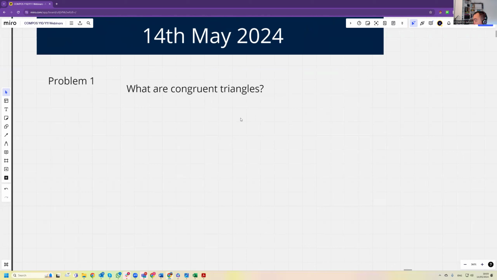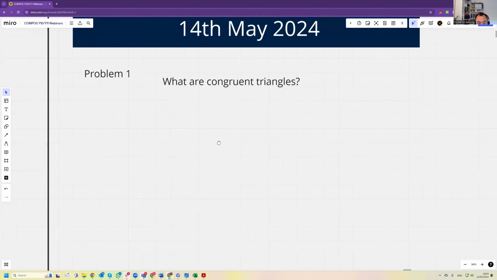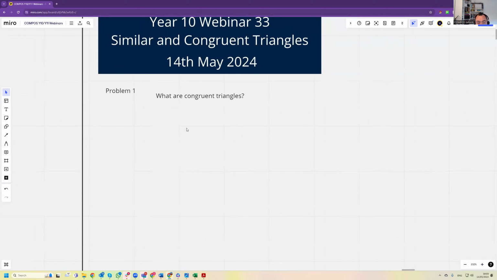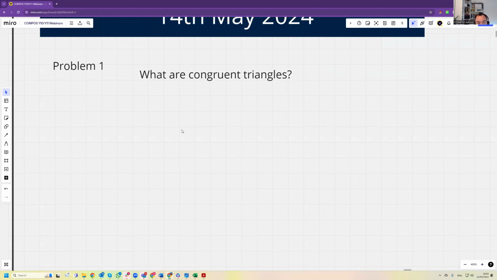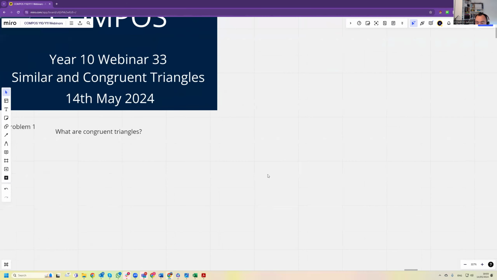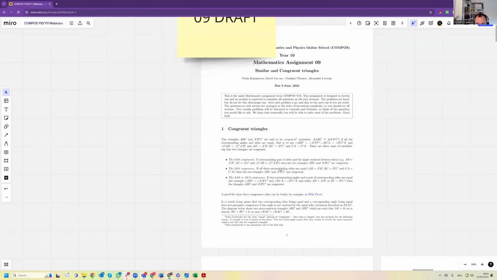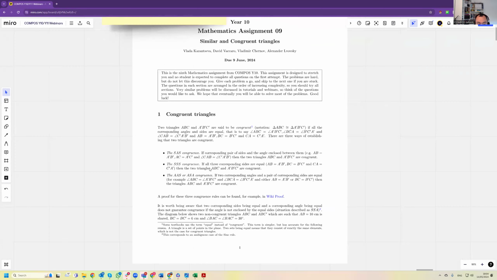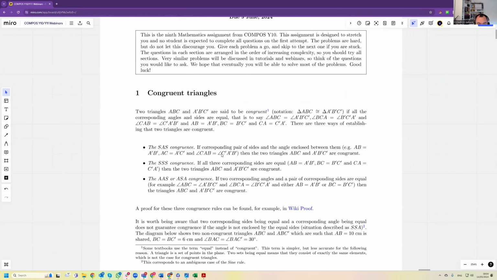by definition, have the same lengths and the same angles. So if angles are the same and all the lengths are the same, and there are three ways to establish that two triangles are congruent.